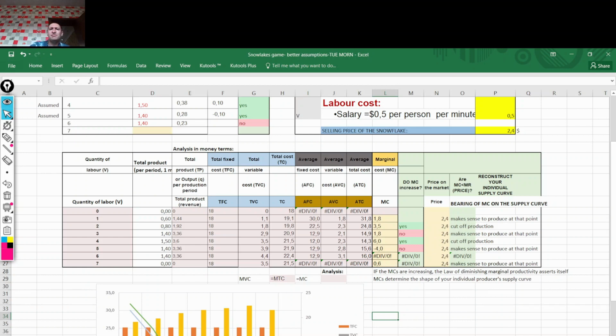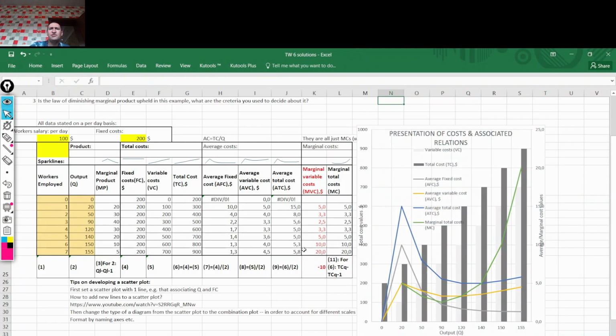Maybe let's do another example to see that point. That is from your tutorial that you'll do on Friday. Again, the same example, but instead of snowflakes, I have some abstract production process, with workers employed here and the output resulting from the employment of these additional workers, the total output. That's a series of data, and you can estimate a marginal product as a difference in the total product associated with additional employment, and you can see it's declining.